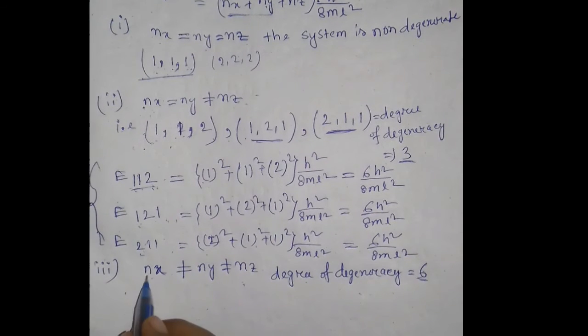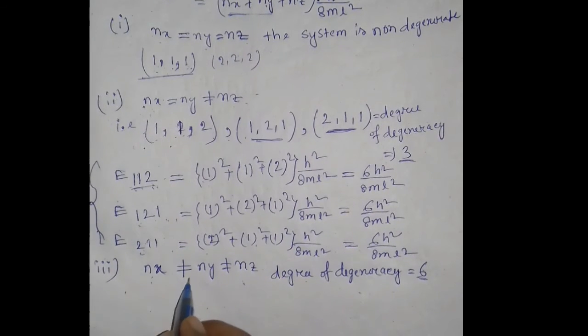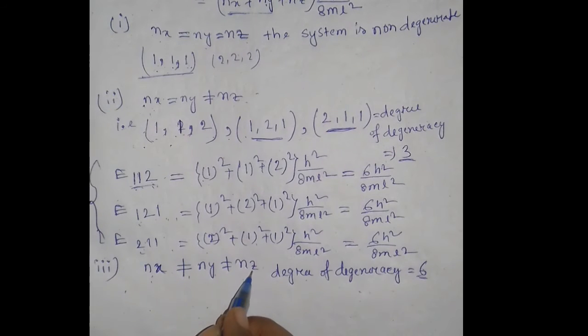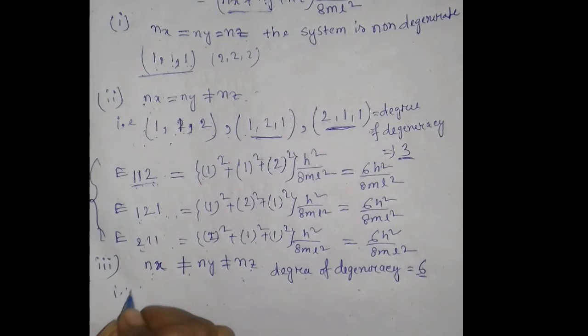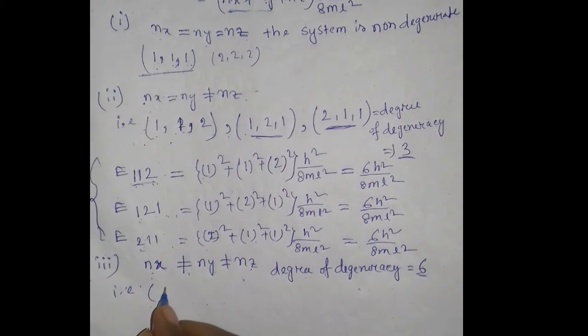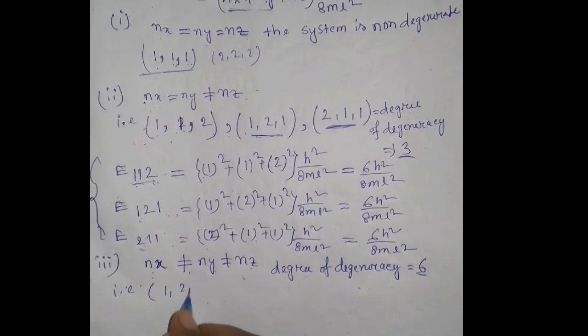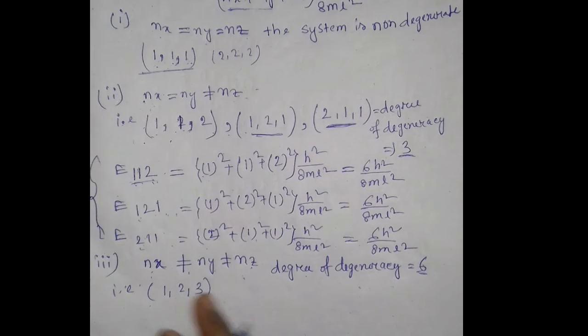Suppose nx not equals ny not equals nz, and the value of nx is 1, ny is 2 and nz is 3.